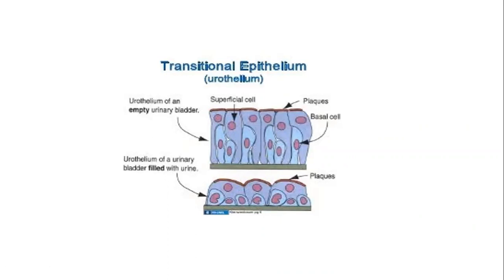These regions are rigid areas located within the cell membrane of these cells. It is a feature of the dome-shaped umbrella cells.